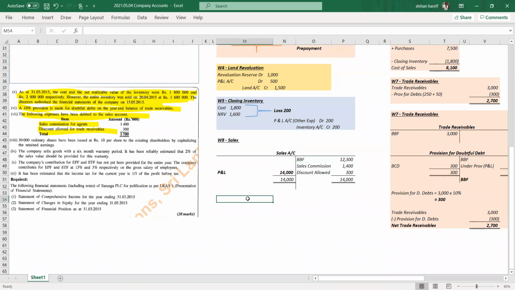So the double entry for this error correction is: sales commission account debit 1,400, discount allowed account debit 300, sales account credit 1,700. So we credited the sales account 1,700.